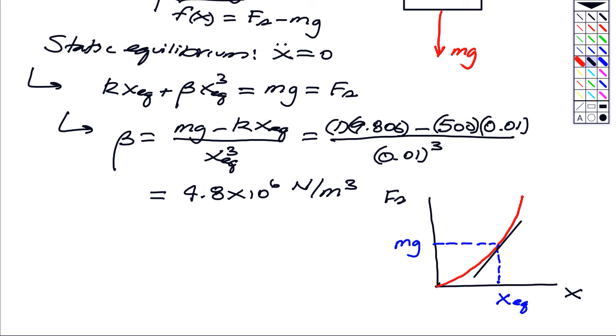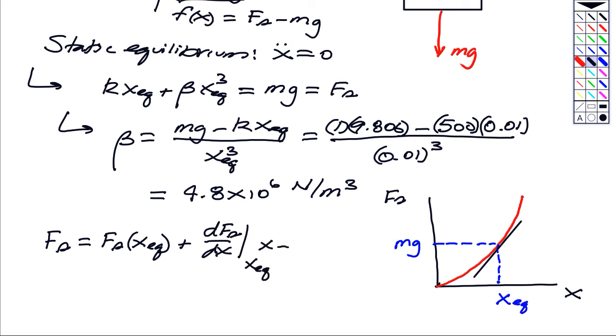To get to that point, we'll write the spring force Fs in terms of a Taylor series expansion. So this would be Fs at the equilibrium value, plus dFs/dx at equilibrium times x minus xeq, and then, of course, there are higher order terms. This is just a representation of the Taylor series for the spring force Fs.